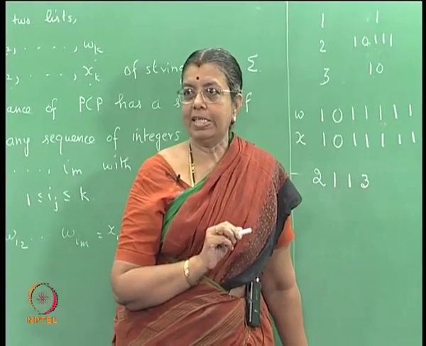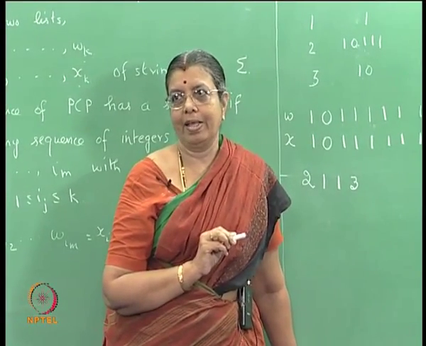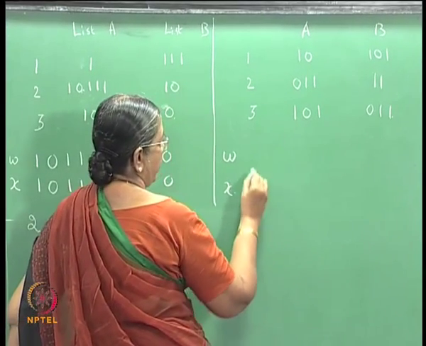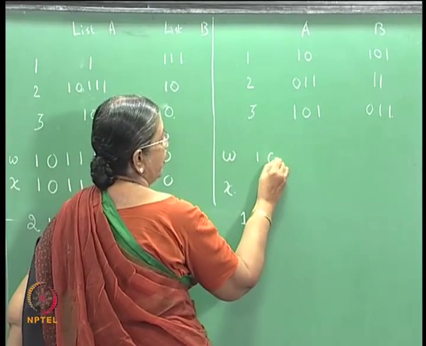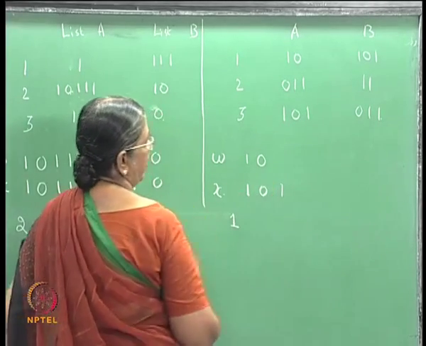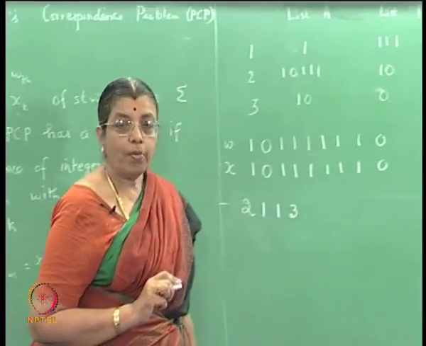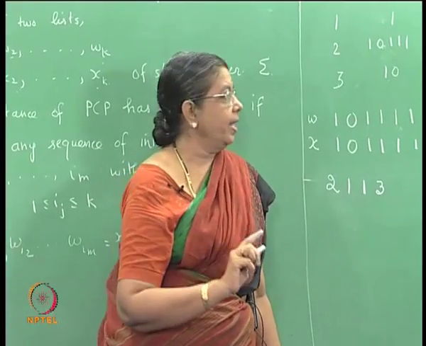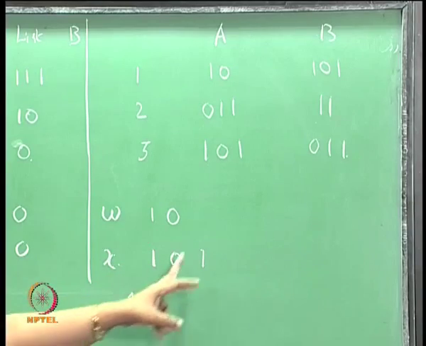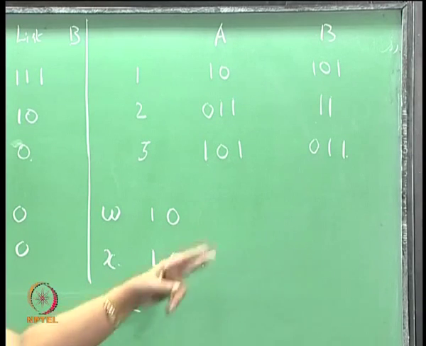So, if at all there is a solution, it has to start with 1. So, start with 1. So, in the W portion you have 1 0, in the X portion you have 1 0 1. Now, in order to continue the solution, I must have the W string beginning with a 1. This symbol has to be 1 here, right, to continue the solution.